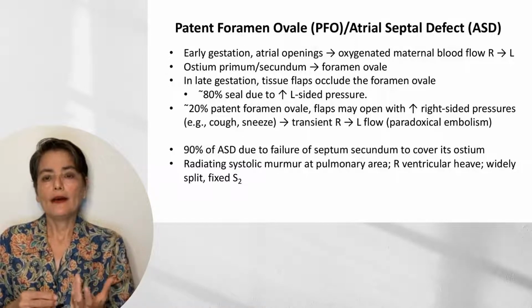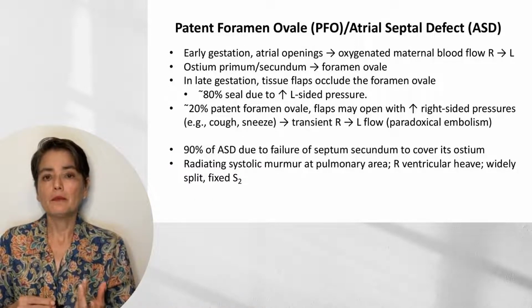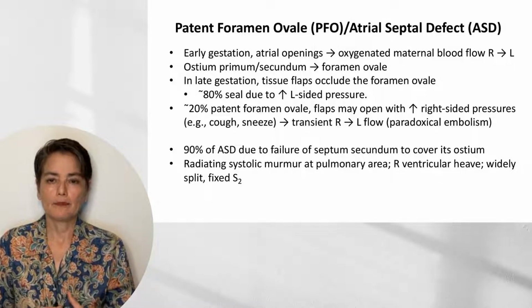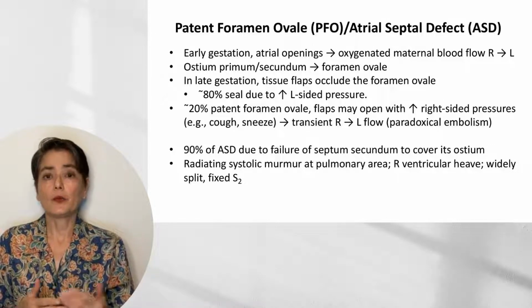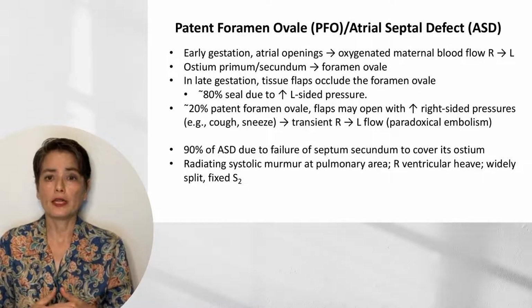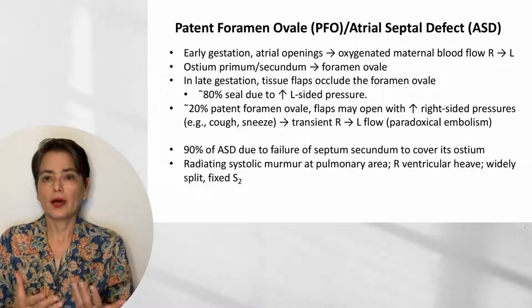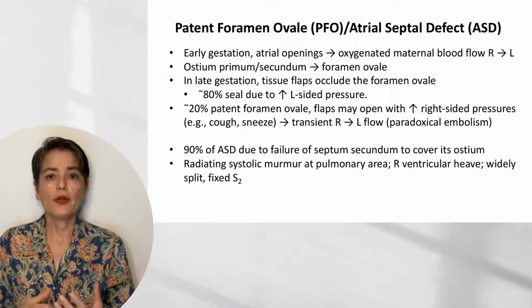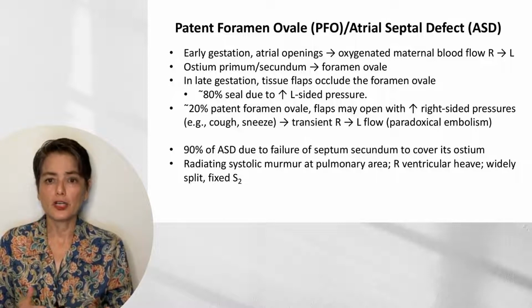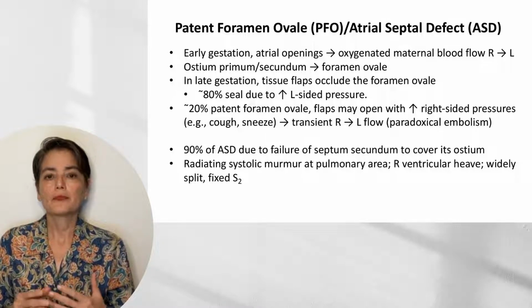We have the ostium primum and the ostium secundum, which together form the foramen ovale. In late gestation, we have tissue flaps that grow and occlude the foramen ovale. At birth, about 80% of these are going to seal due to the increased left-sided pressure. A little bit more about that in a moment.